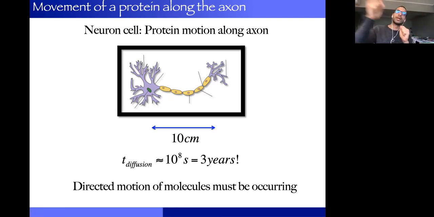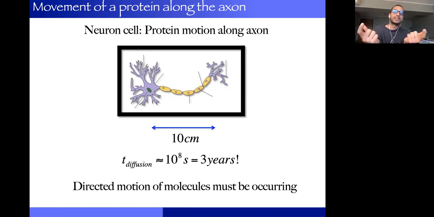Whenever your body responds to something and signals are propagated through the neuron cells, that involves a mechanical and also chemical response of proteins to that stimuli. The length of this axon is about 10 centimeters.